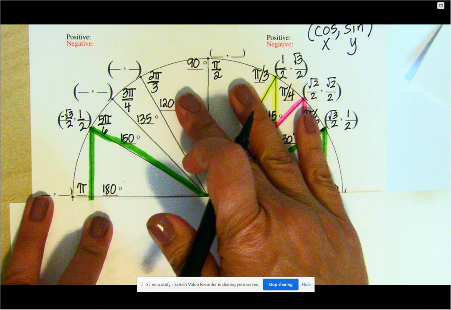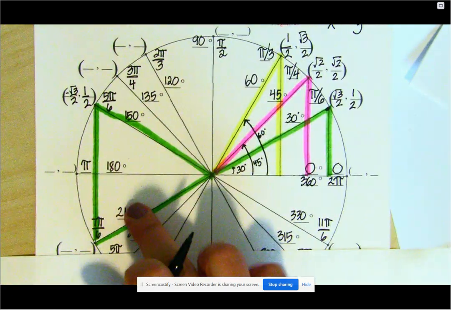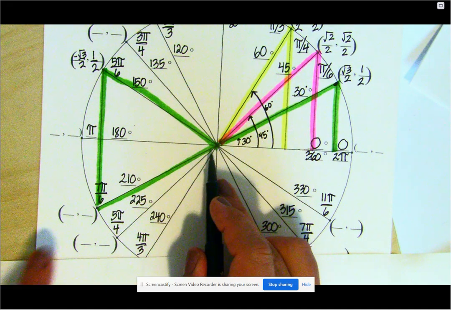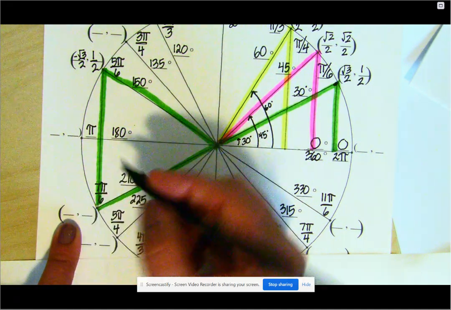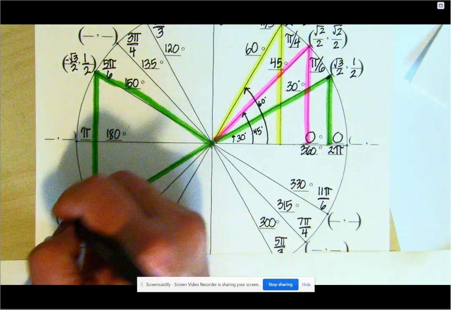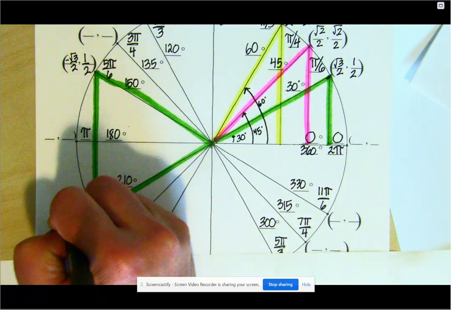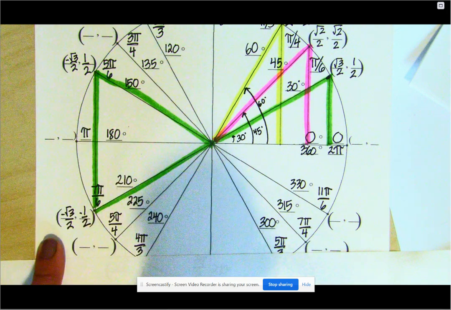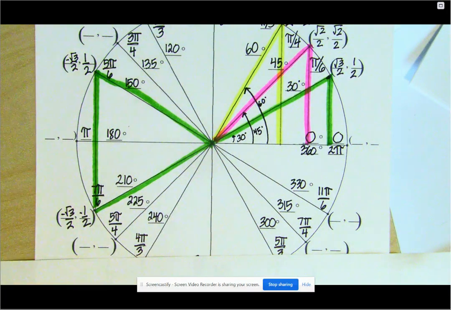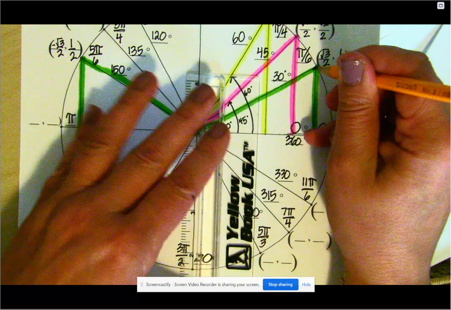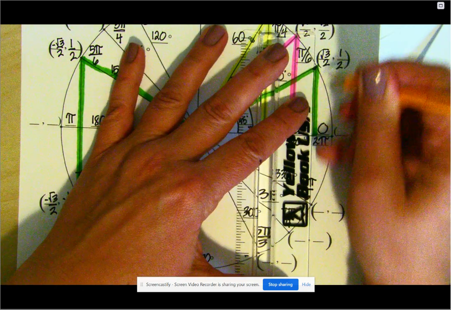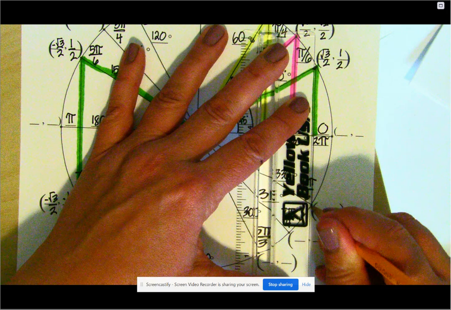Okay, and then this one down here, if we look at this one, right? How do I describe how to get to this point? I go negative square root of 3 over 2 and negative 1/2. They're both negative. Okay, and then we still have this one over here, which you could connect to the one in quadrant 1.